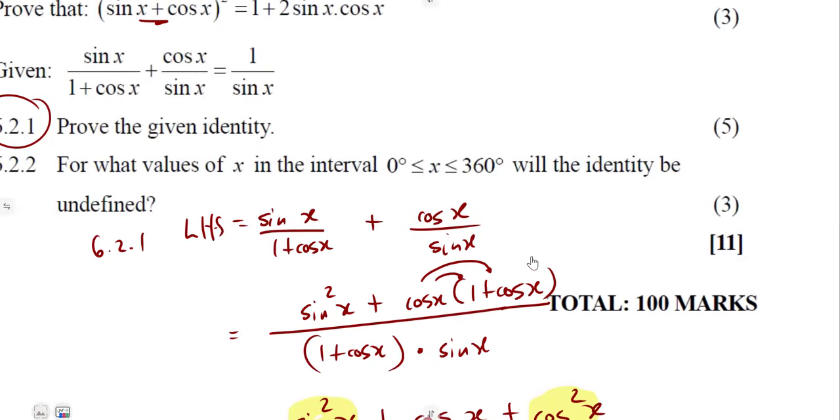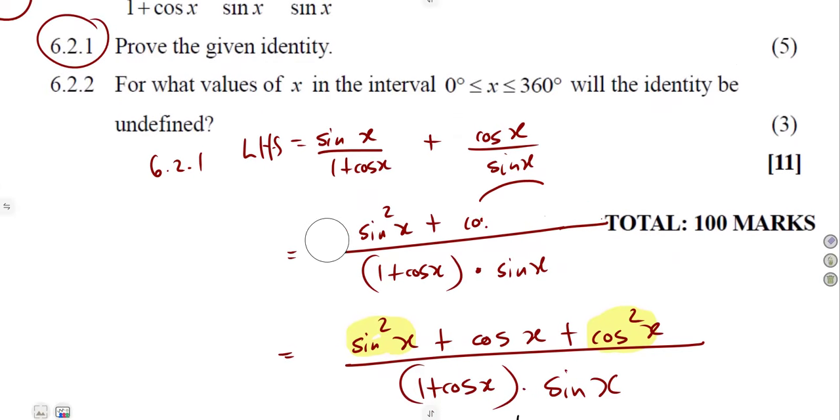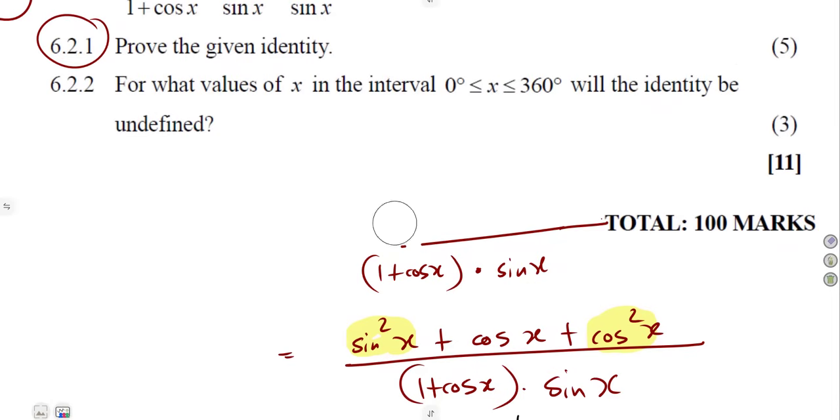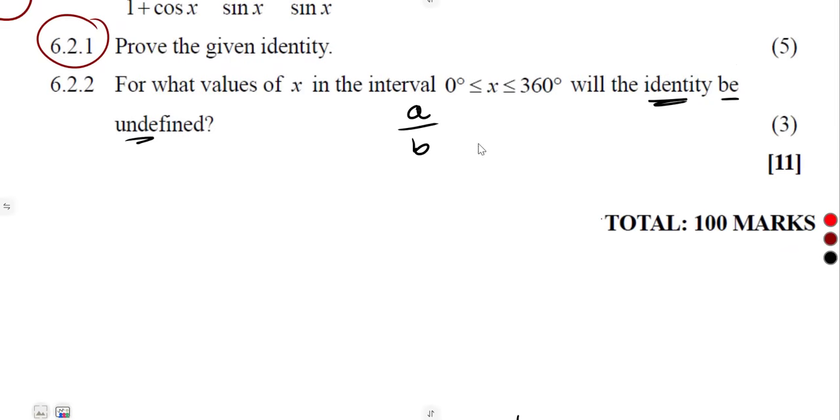And therefore, they want us to find for what values of x in the interval from 0 to 360 degrees the identity will be undefined. A over b to be undefined, it means b is equal to 0.